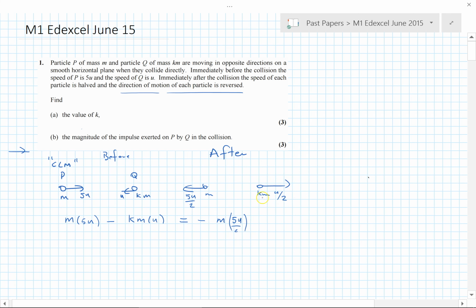And this is going in a positive direction, the Km one here, so that's plus Km U over 2. Okay, so that's our equation.